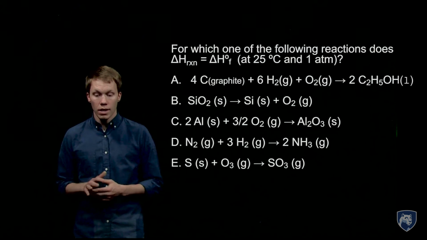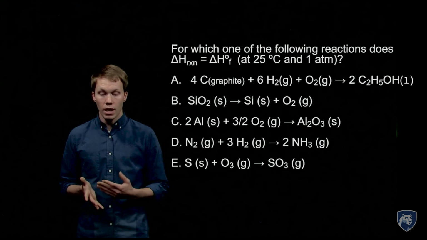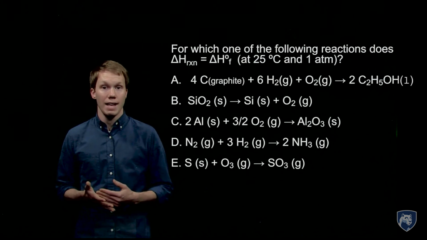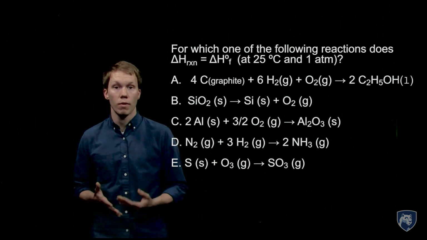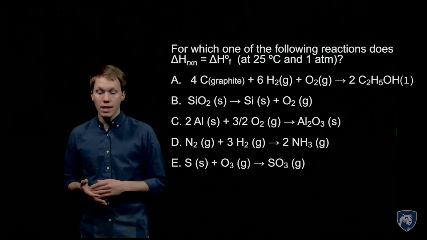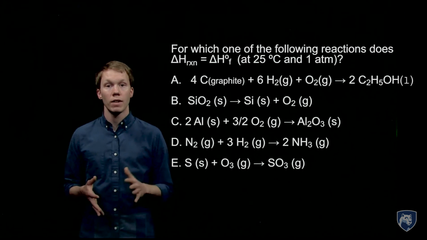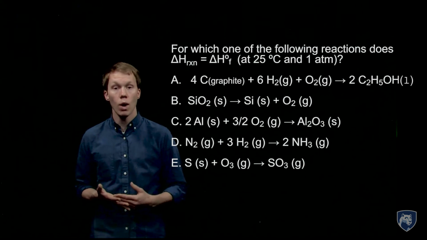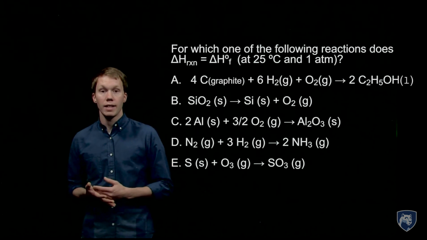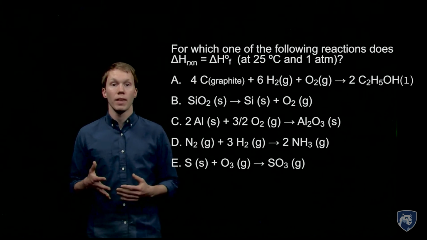In D, we have nitrogen and hydrogen making ammonia. This is incorrect for the same reason as A. We are producing 2 moles of a product. And E is another one that might have kind of caught our attention. We are forming 1 mole of a single product here, but we have to look at the elements that we're using to combine them.